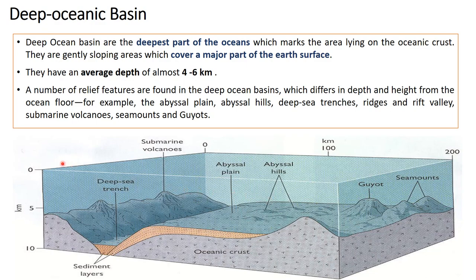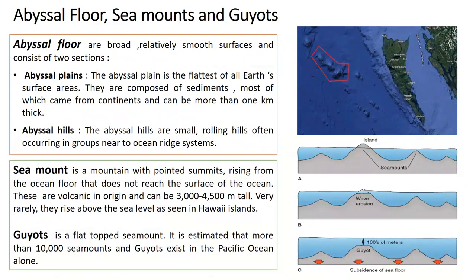So this is basically how a sea floor generally looks like. We have the abyssal floor, then it has the seamounts and the guyots. Right? Seamounts are like a mountain. Okay? A seamount is a mountain with pointed summits.